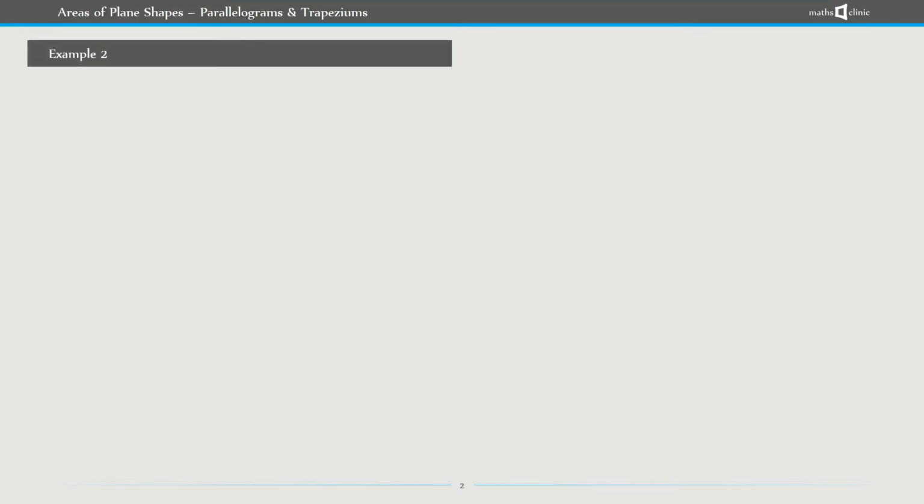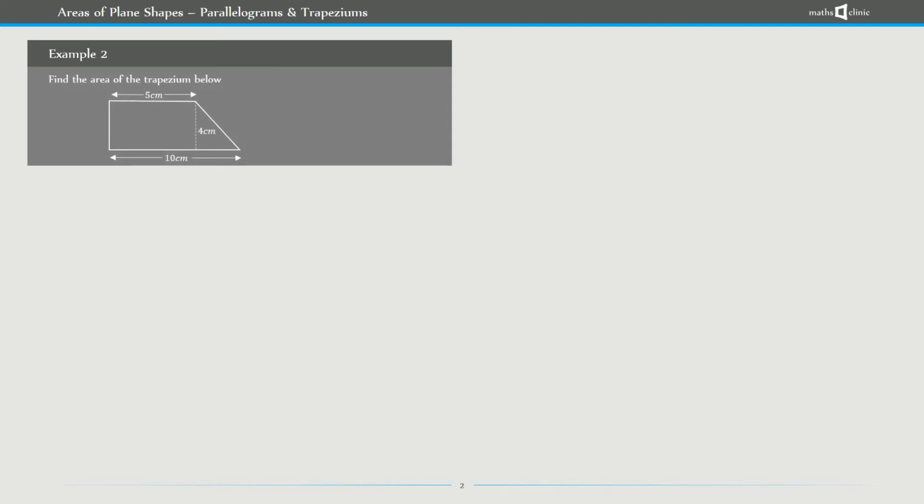Now example 2. Example 2 says find the area of the trapezium below. Okay, now we're dealing with a trapezium, and just like we did for example 1, the first thing we want to do is identify a relevant formula.